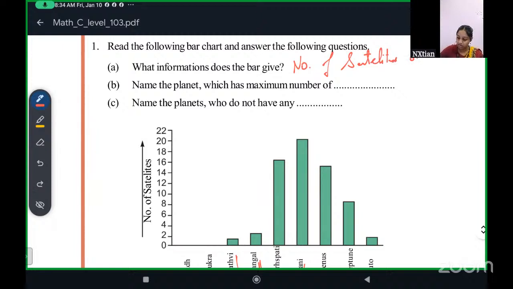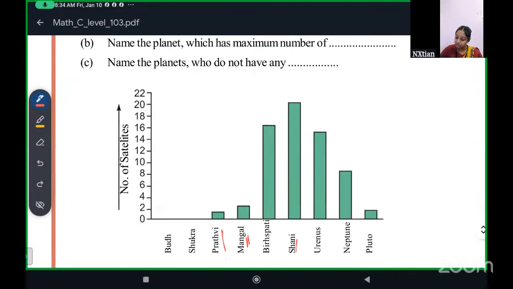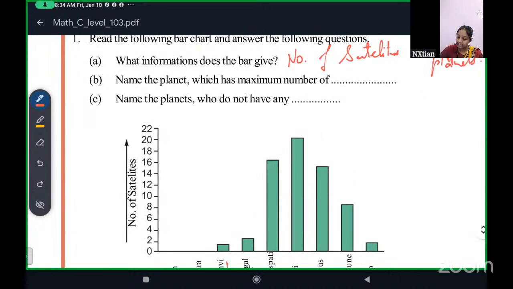Ma'am, the data is wrong, like how it said in the science textbook, the deer eats the lion. Yes, that's right, Abraham. Name the planet which has the maximum number of satellites. So it will be Shani, that is Saturn.